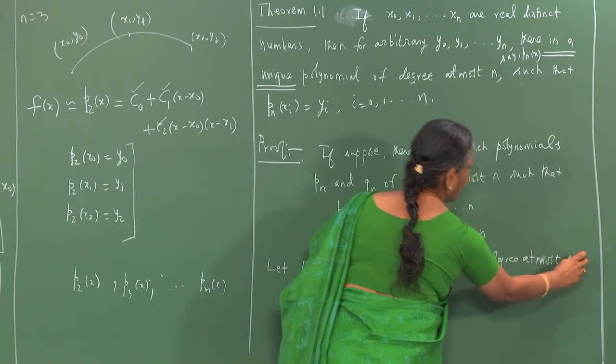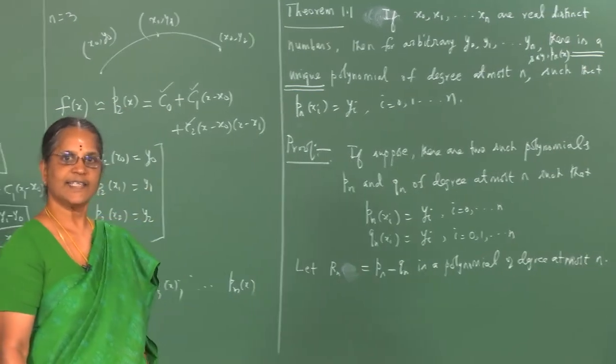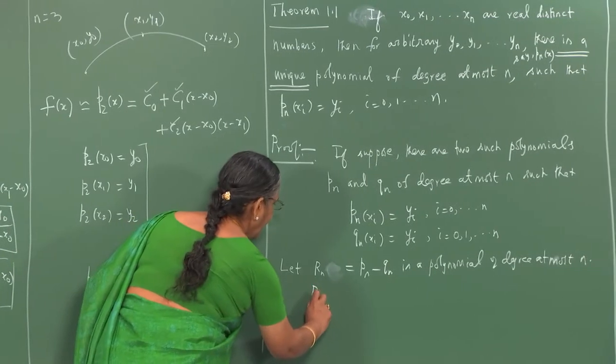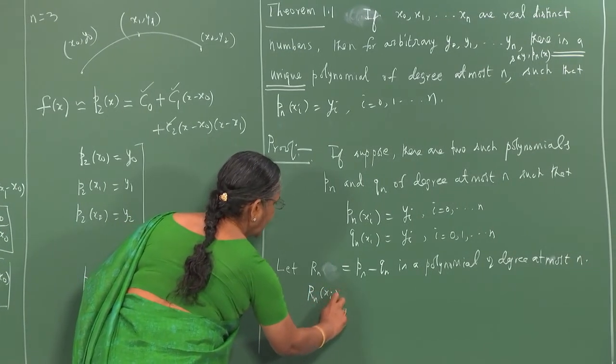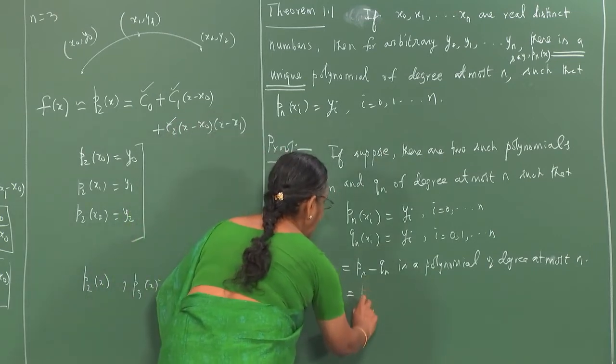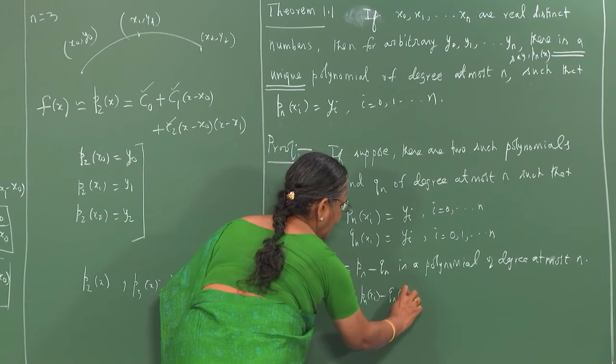At most n. Then what other property does Rn satisfy? Let us see. If I evaluate Rn at the xi, then Rn of xi is Pn of xi minus Qn of xi.